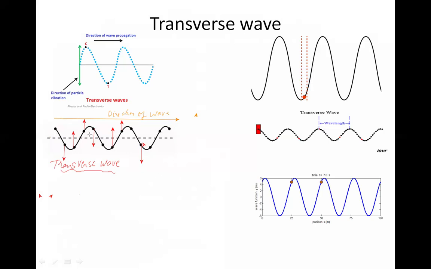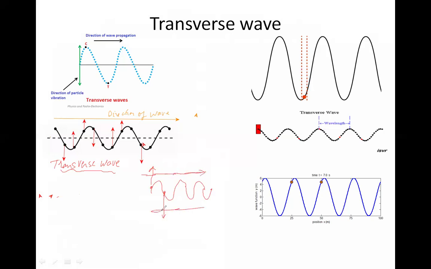It means that, look here. Let's say this is a wave. This particle is moving upwards. This particle is moving downward. This is the direction of wave. This is also the direction of wave.